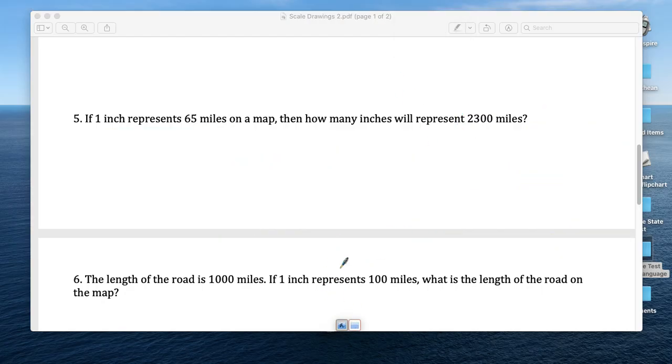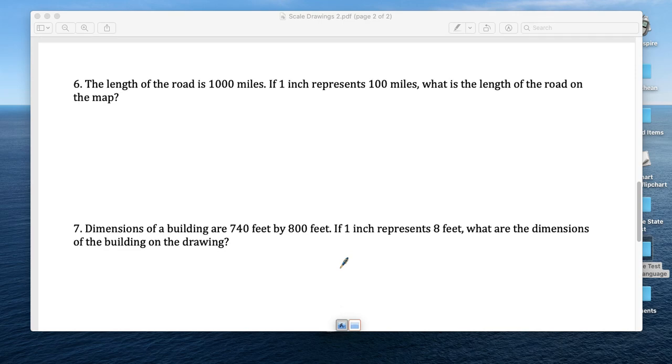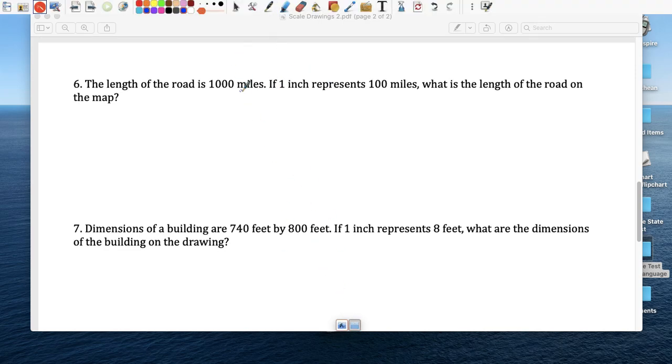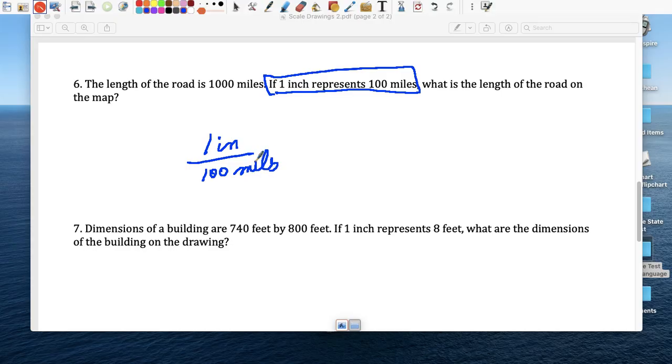Number 6. Again, very repetitive. Our scale: the length of a road is 1,000 miles. If 1 inch represents 100 miles, what is the length of the road on the map? Here's my scale. It says that 1 inch is 100 miles. That's given to us, our given scale. On the other side, let me put inches on top, miles at the bottom.